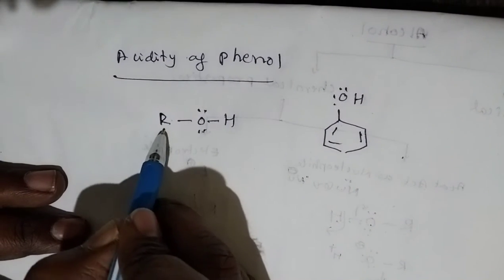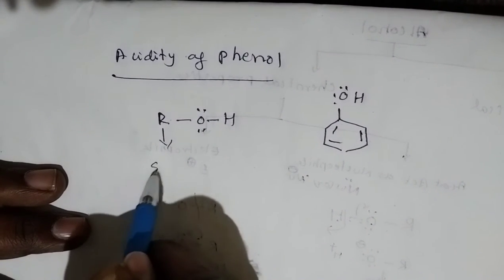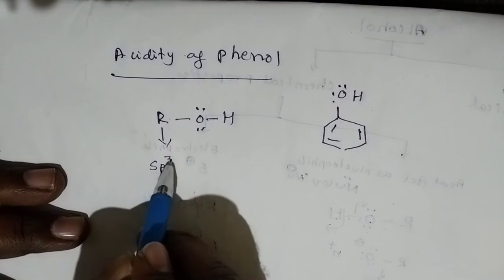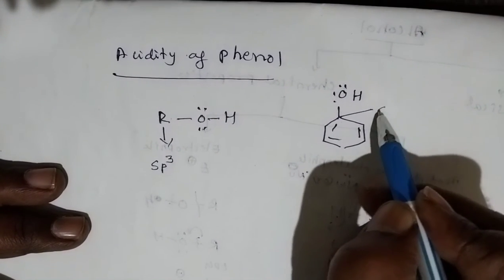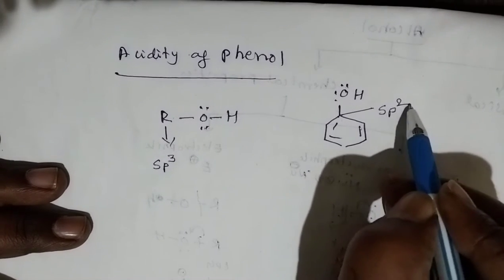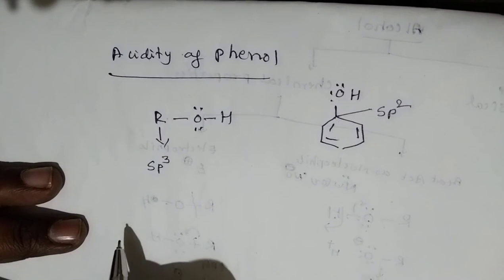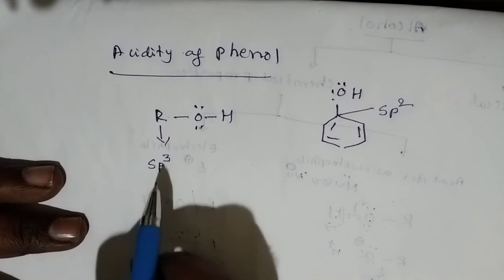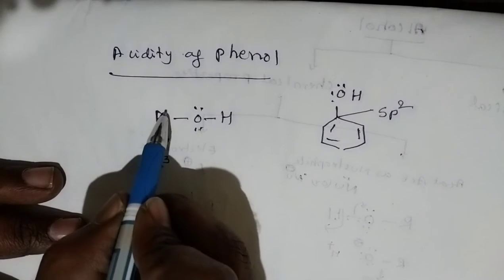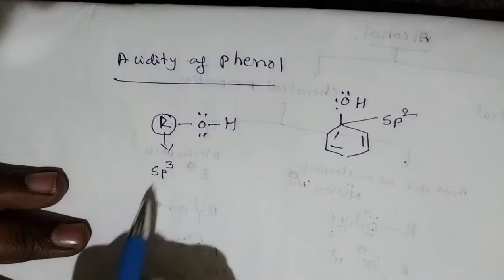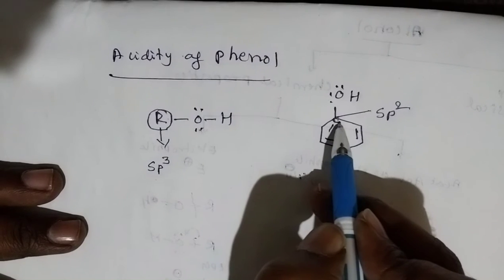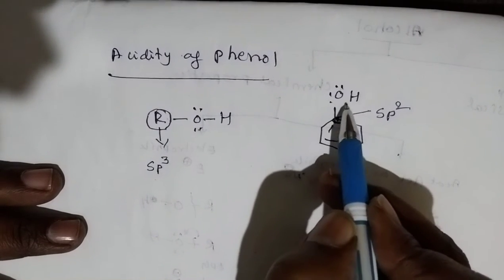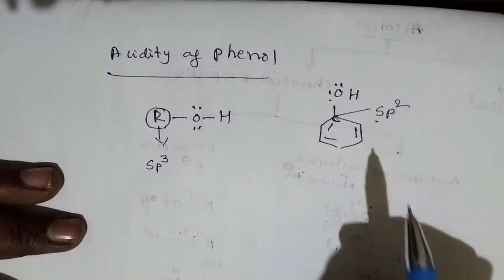And here this carbon acts as an sp3 hybridized carbon atom, whereas the carbon atom in the phenol which is attached to the OH group acts as an sp2 hybridized carbon atom.